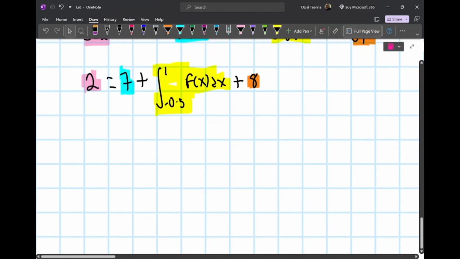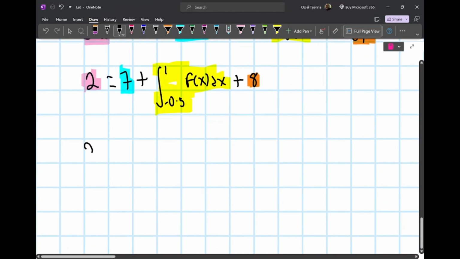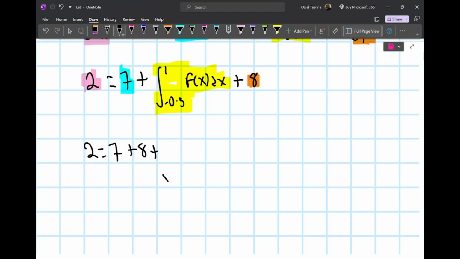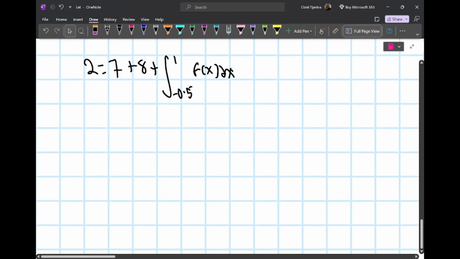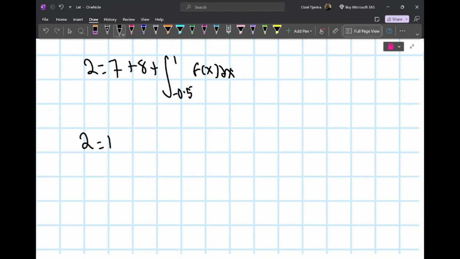Just combining terms, we have 2 equals 7 plus 8 plus the integral from negative 0.5 to 1 of f of x dx. If we add 7 and 8, we get 2 is equal to 15 plus the integral from negative 0.5 to 1 of f of x dx.